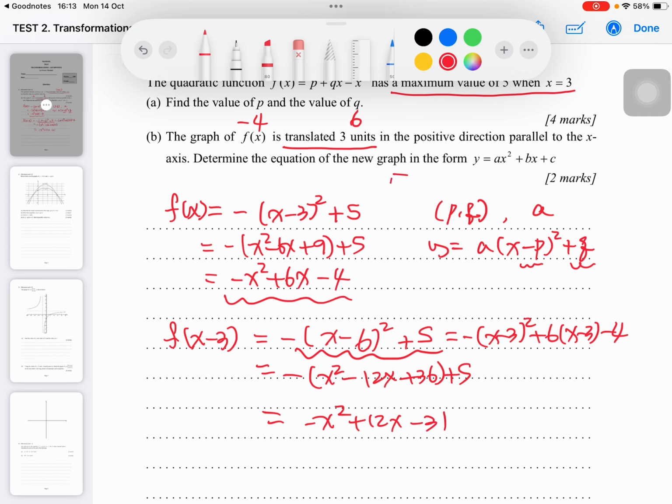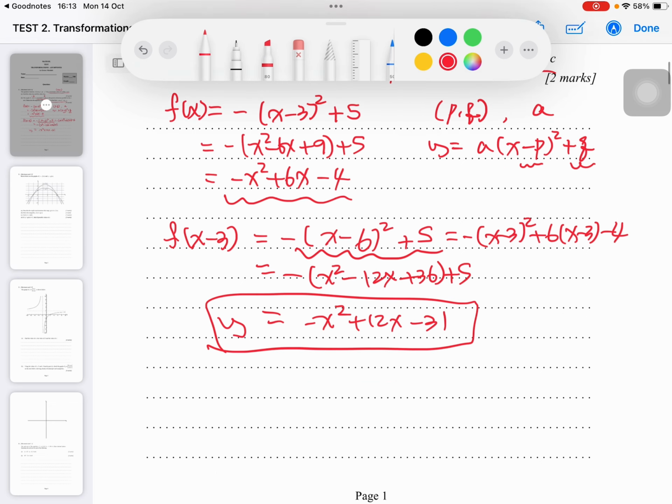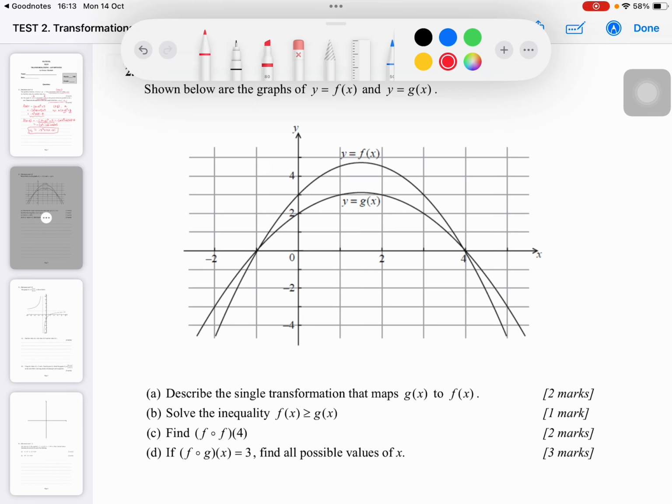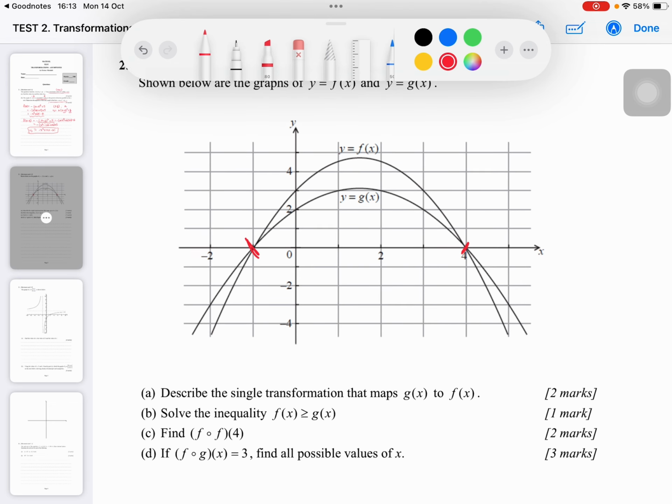So this is the new graph, y equals negative x squared plus 12x minus 31. This is f of x and g of x. So now a single transformation from g of x to f of x. All the x-intercepts are the same, but the y-intercept goes from 2 to 3.